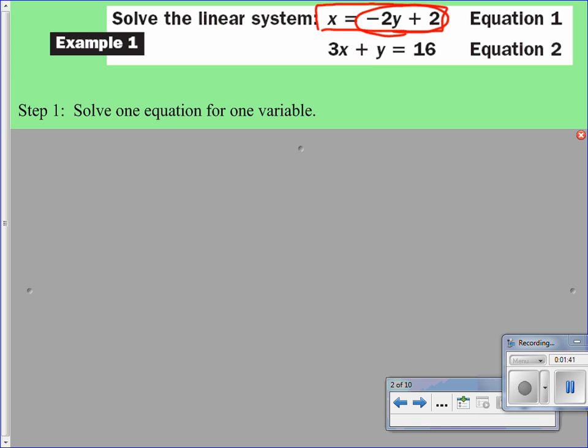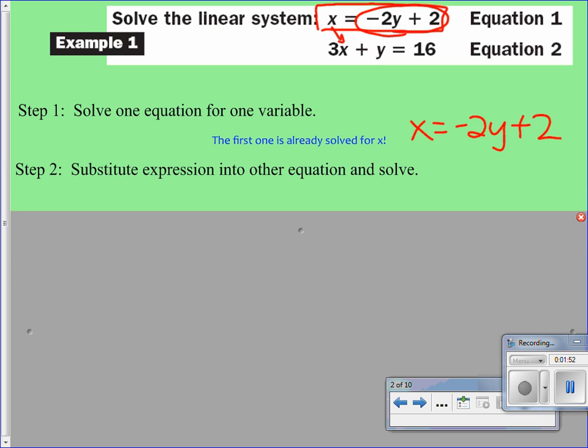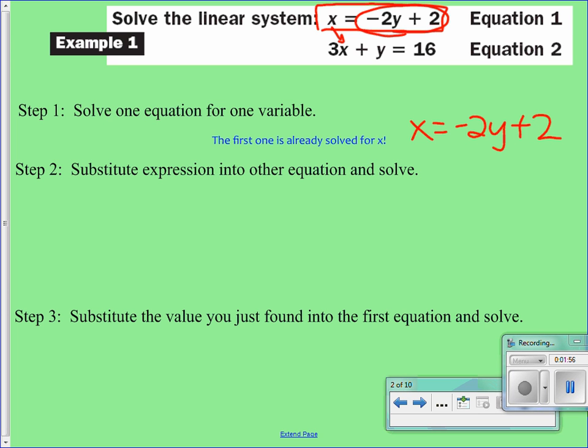So this value of x is the same thing as that value of x. In the equation 3x plus y equals 16, this x is the same thing as this x.